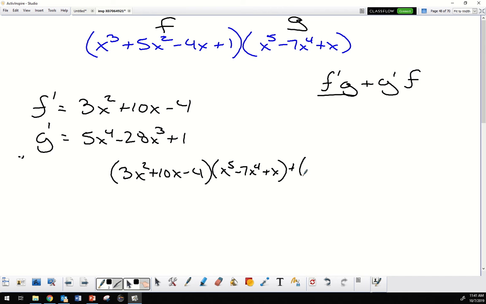G prime is going to be 5x to the 4th minus 28x cubed plus 1. And then there is my f, which is x cubed plus 5x squared minus 4x plus 1. That's a 4. Okay, so that's all that.